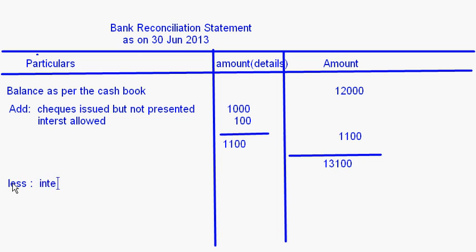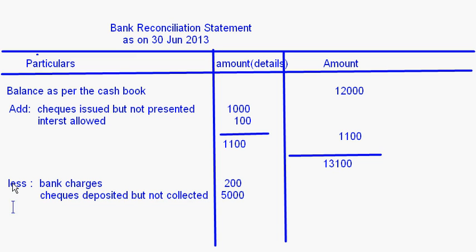And now you will put the items that are to be deducted. So let's say bank charges, 200. I'm just assuming these amounts. Checks deposited but not collected, 5,000 rupees. And let's say something like wrong debit given by the bank.